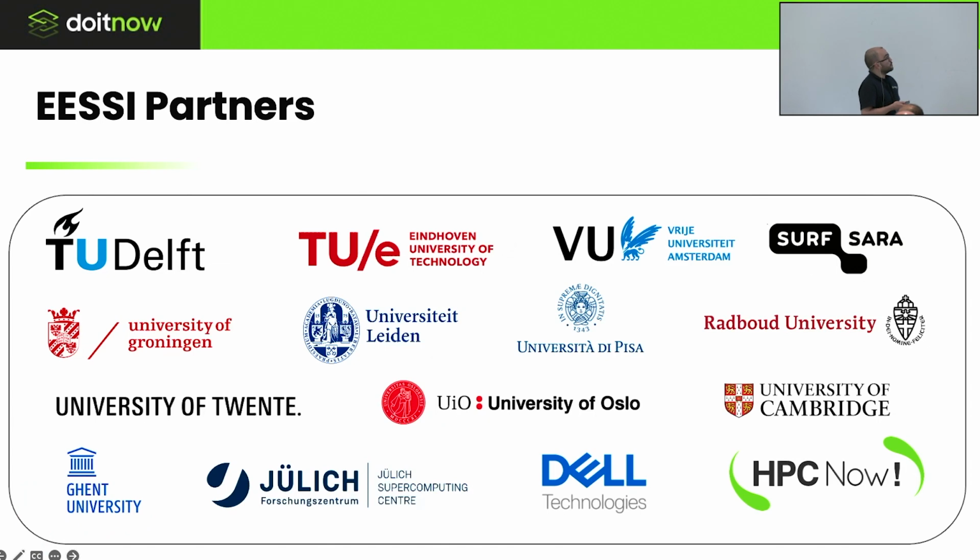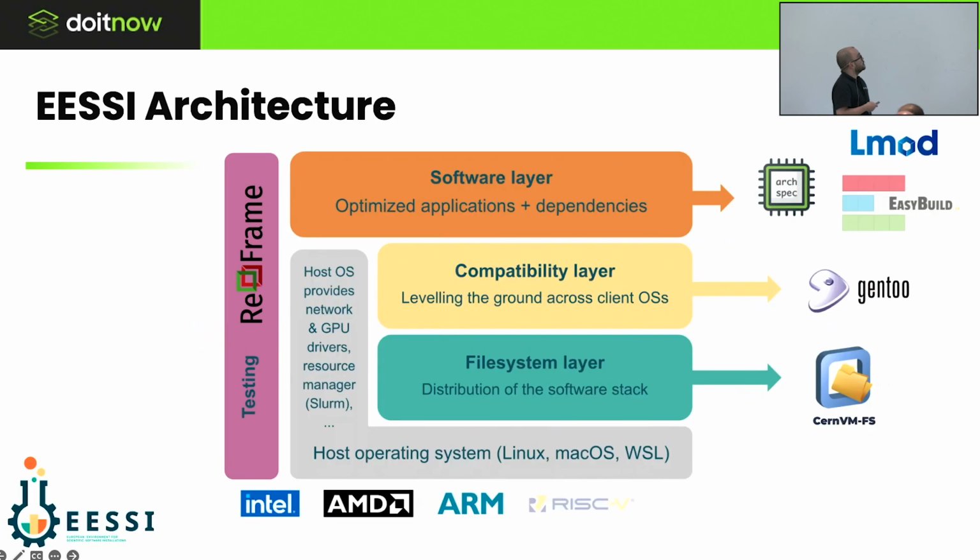These are some of the partners: universities, infrastructure providers, supercomputing centers, and so on. So why is this an agnostic AppStack? The main goal here is that you can use it everywhere. We now support Intel, AMD, ARM, and we are working on RISC-V support.